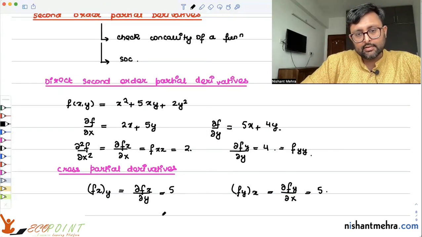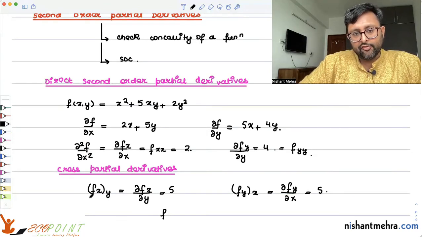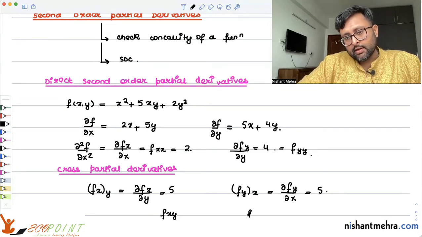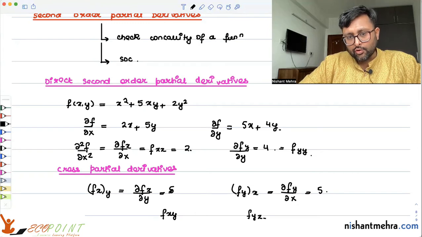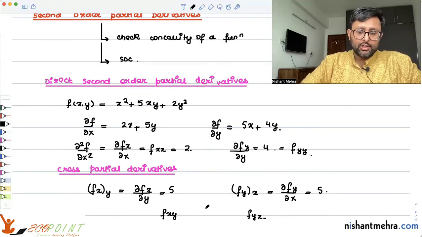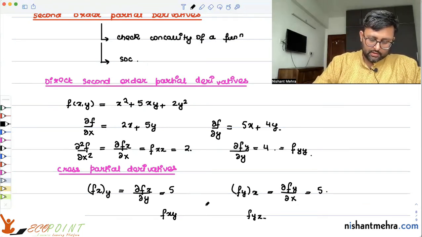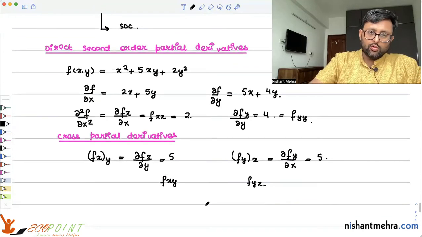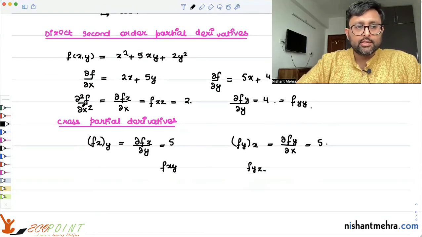So you can just write this thing as, you don't have to write fx in parentheses and y, just write fxy. So we understand this. And this is fyx. So you can see that the cross partial derivatives are equal. This is called Young's theorem.